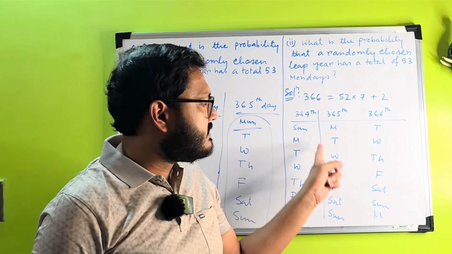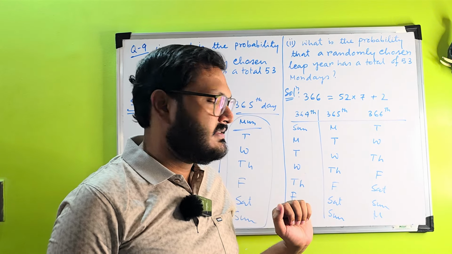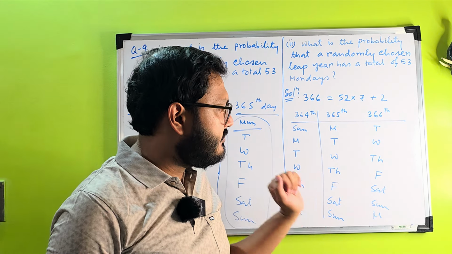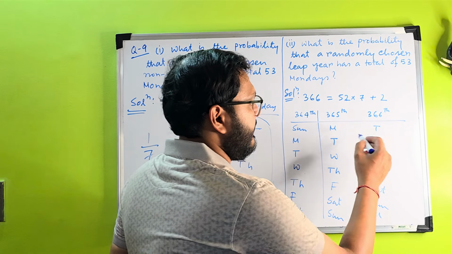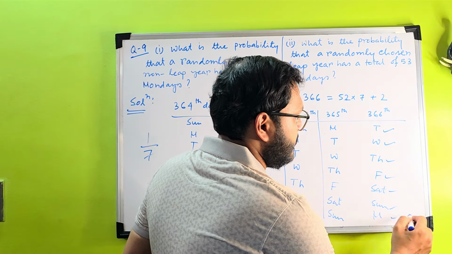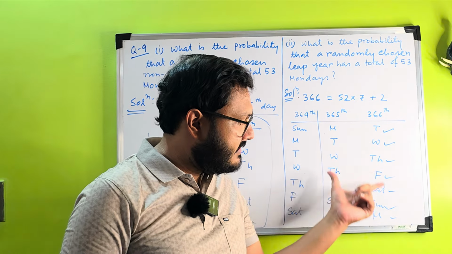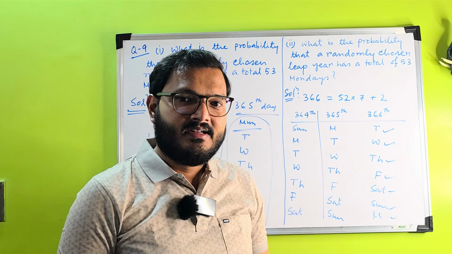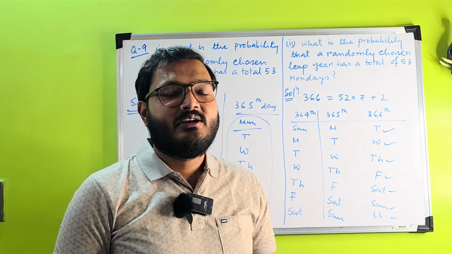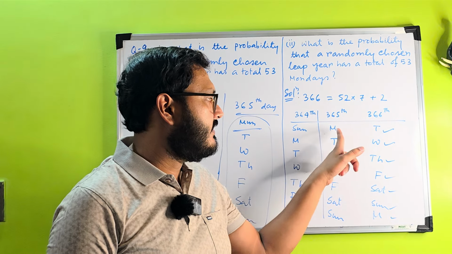So how many possibilities are there? Total 7 possibilities. Among these, this is one possibility, this is another, and so on, total 7 possibilities. These 2 days can be filled up by these 7 possibilities. These 7 possibilities contain how many Mondays? Here one, here one.